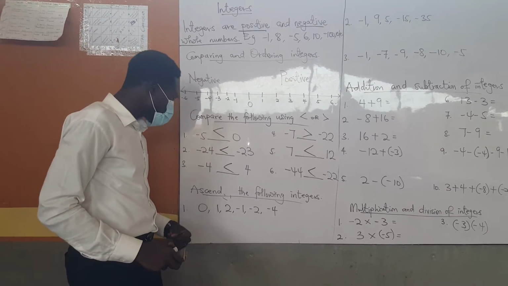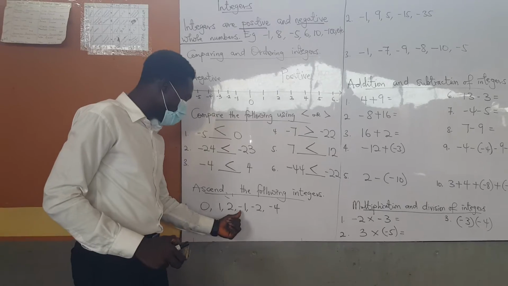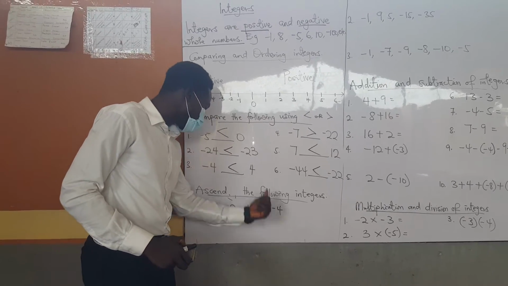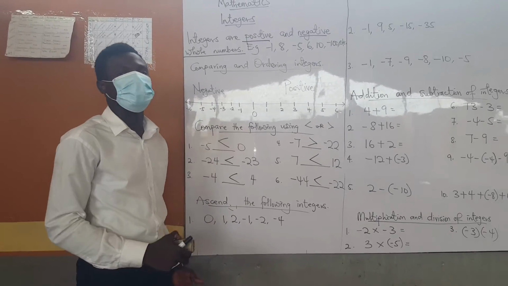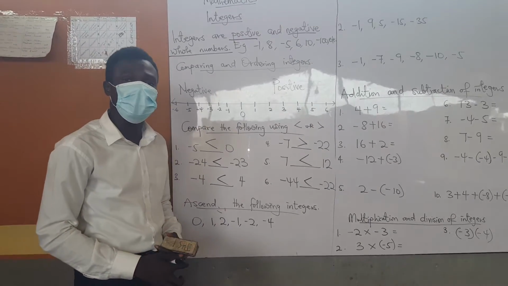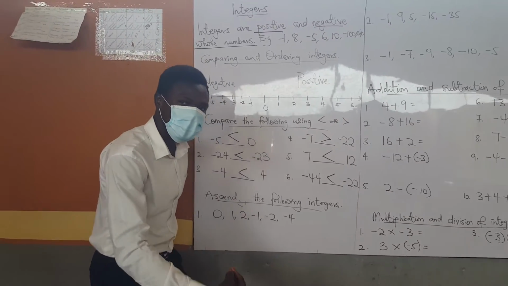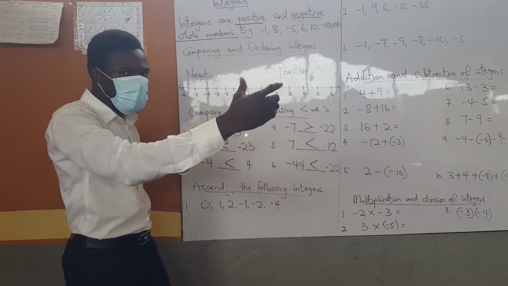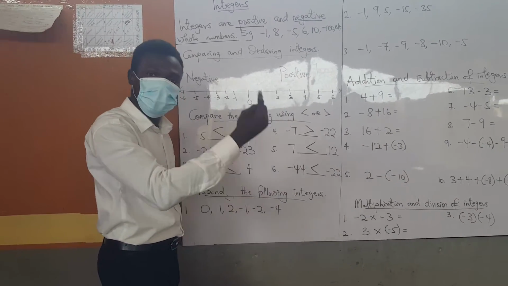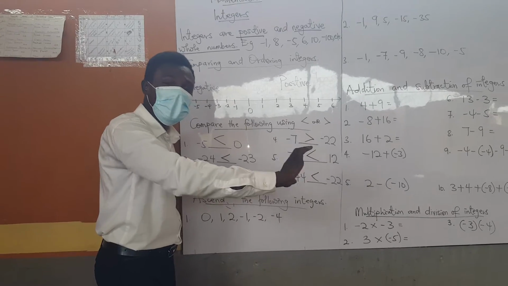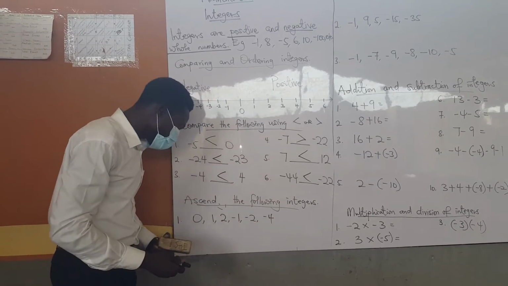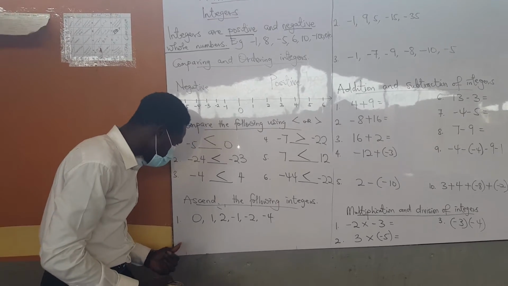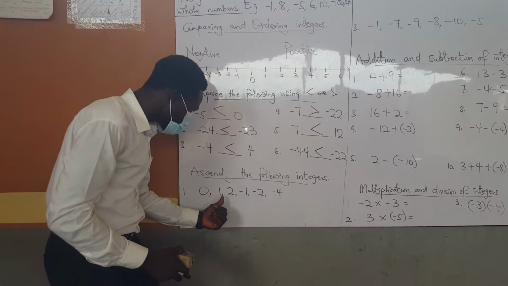And ascend simply means from the least to the highest. So if you are ascending and it is involving negative, let the negative go first, because that is the least among the positives. So if you look at this one, I have 0, 1, 2.